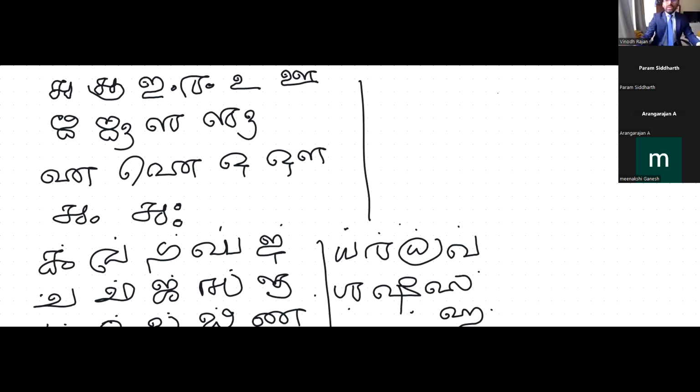Because in old Tamil, in Tamil Brahmi, you had A and you had A and you had O and then you had O. Same way, you had K and you had K. Same way, you had O and then you had Ko, right?